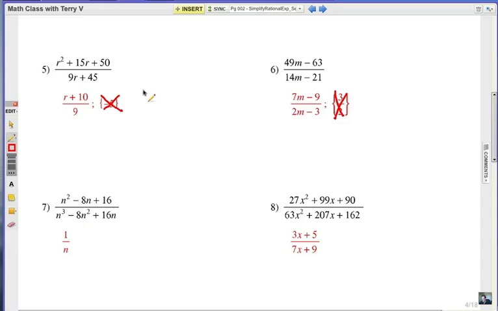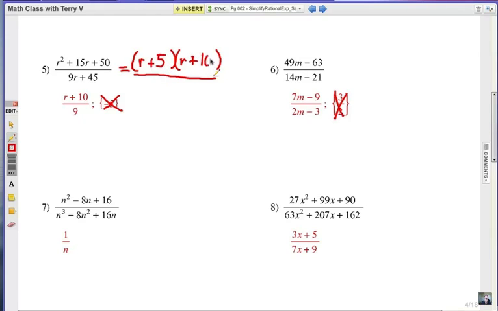And let's go ahead and look at number 5. How are we going to factor this? Well, we're going to have a trinomial here, so to factor that, we're going to get a pair of binomials. I know that it has to be an R and an R, and factors of 50 that add up to 15. How about 10 and 5?